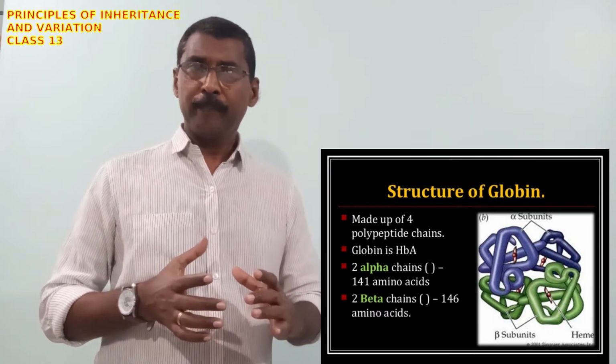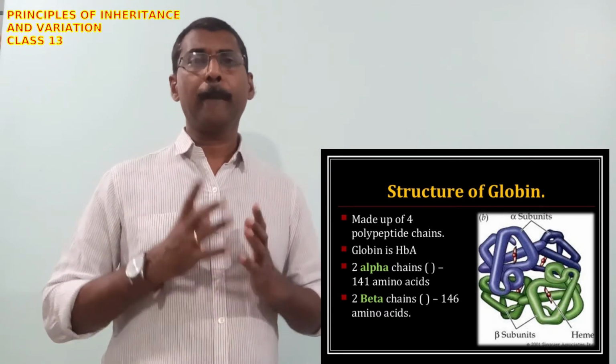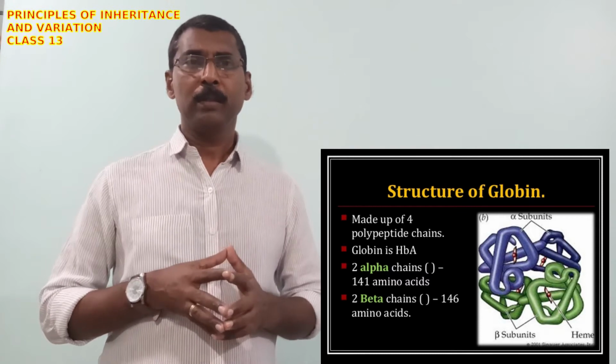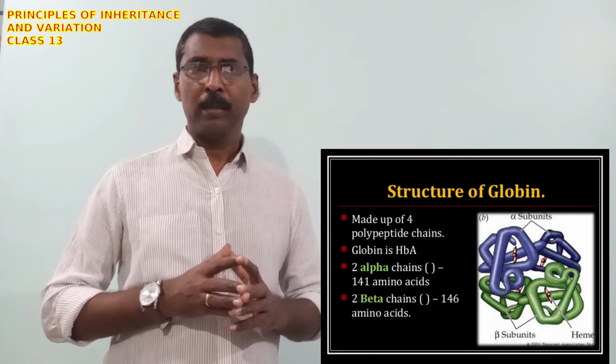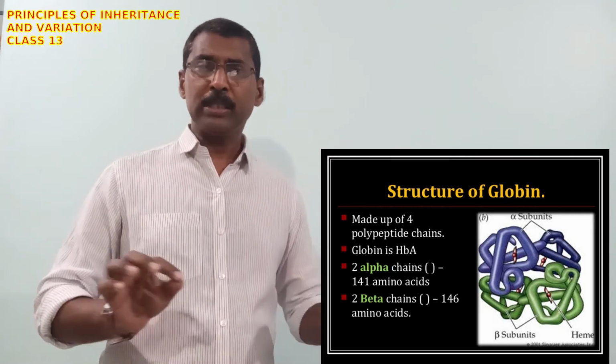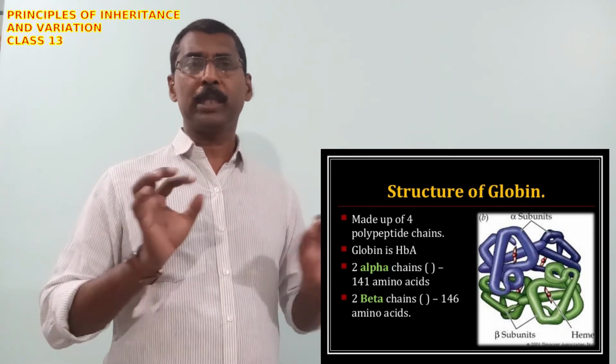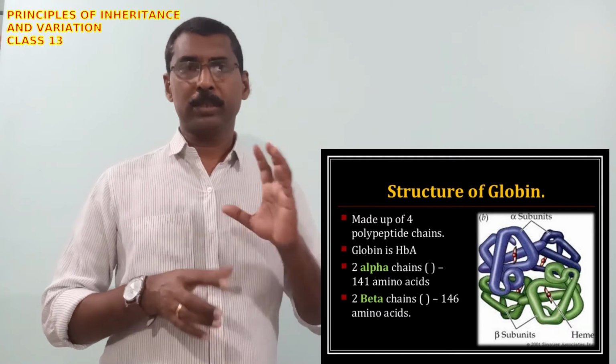Here the globin of hemoglobin has four polypeptide chains, and each of these polypeptide chains is in the tertiary stage.